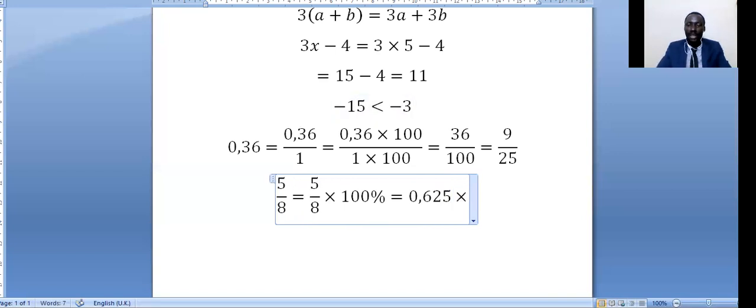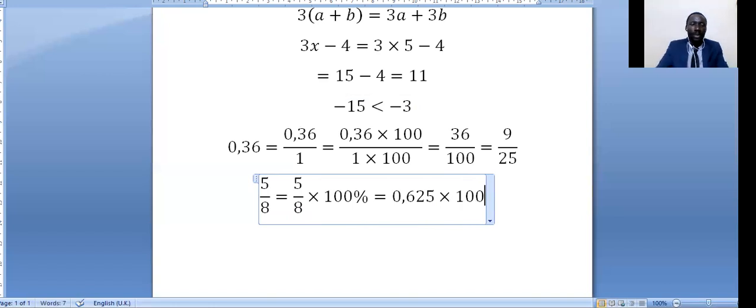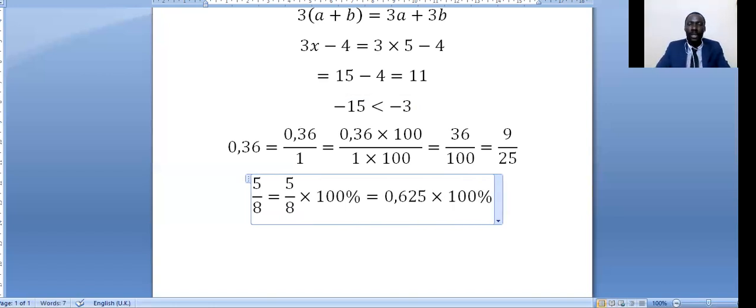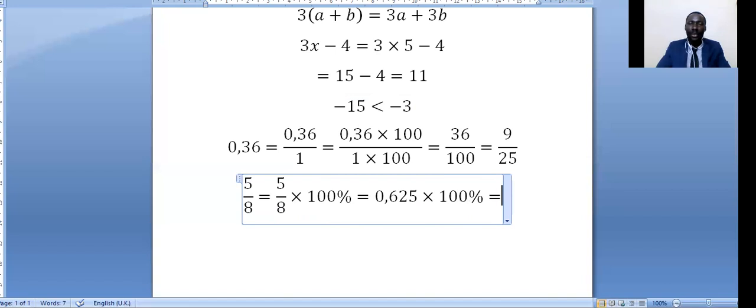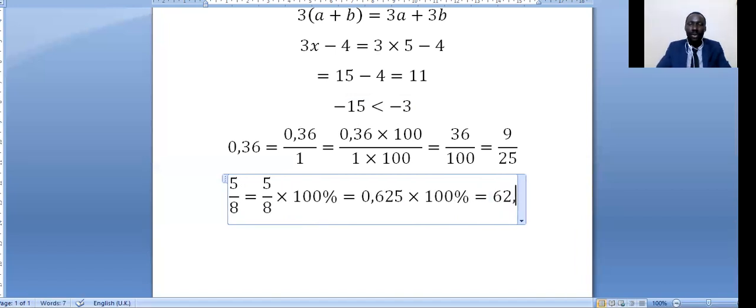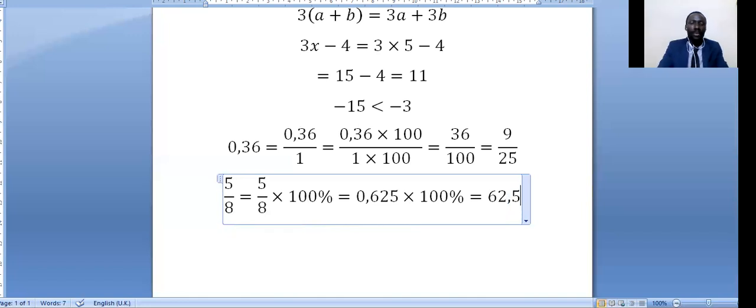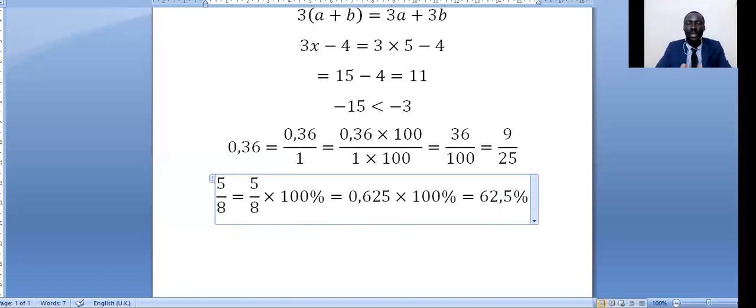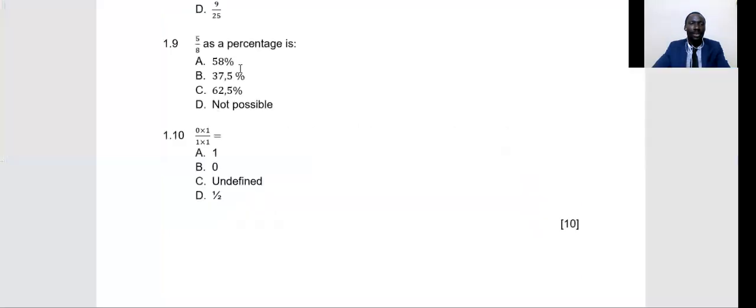With 100%. So what do we get when we multiply this by 100%? Well, this is going to be 62.5 in percentage. So yes, this is the solution to 5 divided by 8 expressed as a percentage. And so looking at the solution here, that means the answer to this question is going to be C.